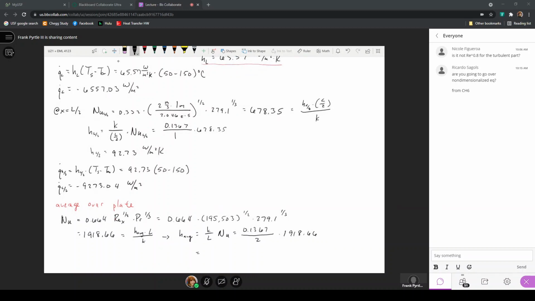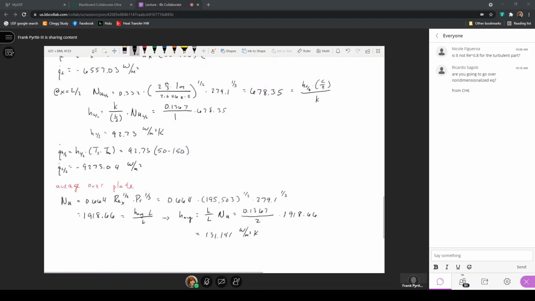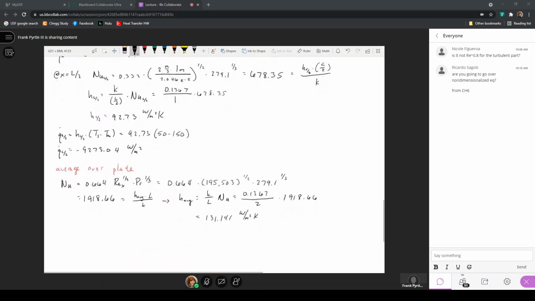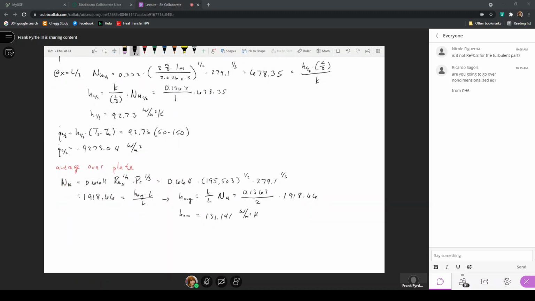So the average heat transfer coefficient is 131.141 watts per meter squared Kelvin, so that the average heat flux is 131.141 times 50 minus 150.